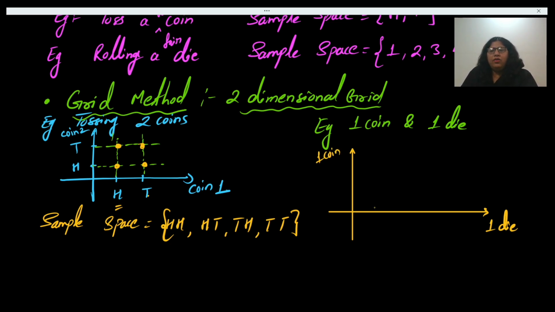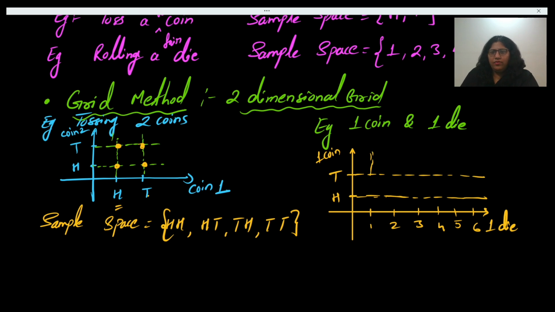Now mark all the possible outcomes when you roll one die: 1, 2, 3, 4, 5 and 6. And when you toss a coin, your possible outcomes are heads and tails. Then you need to make the grid, with the horizontal and vertical lines.